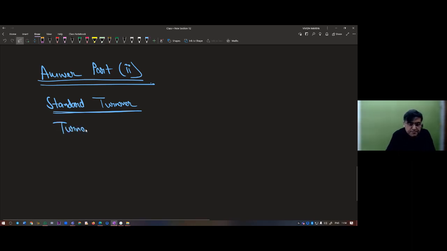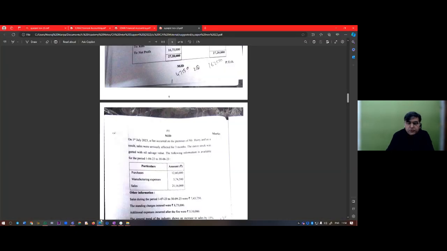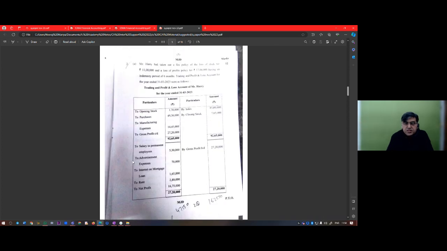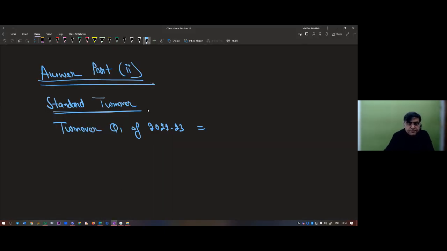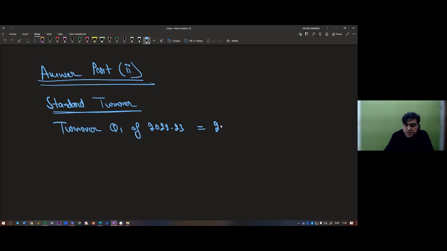Turnover of Q1 of 2022-23. Q1 standard turnover. The turnover given is 2116, and last year turnover was less.